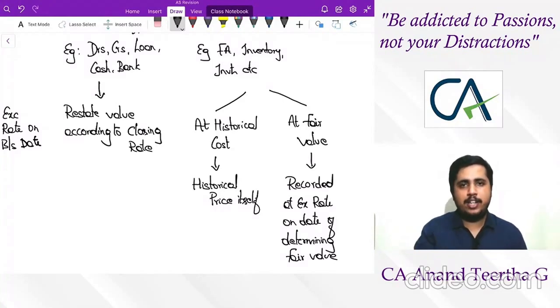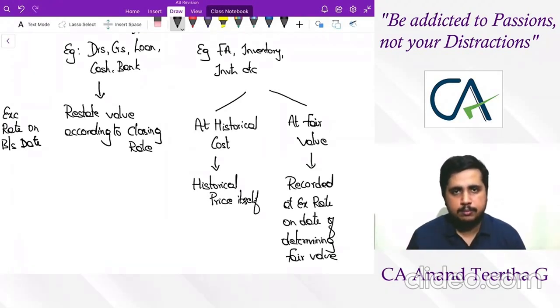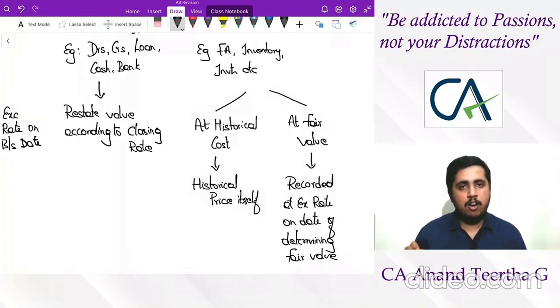If it is historical cost, continue with historical cost. If it is fair value, then the fair value determination date will be considered for foreign currency purposes. Example, inventory. Say inventory is supposed to get recorded at fair value. The date of deriving the fair value is 31st March. Consider the exchange rate as on 31st March.